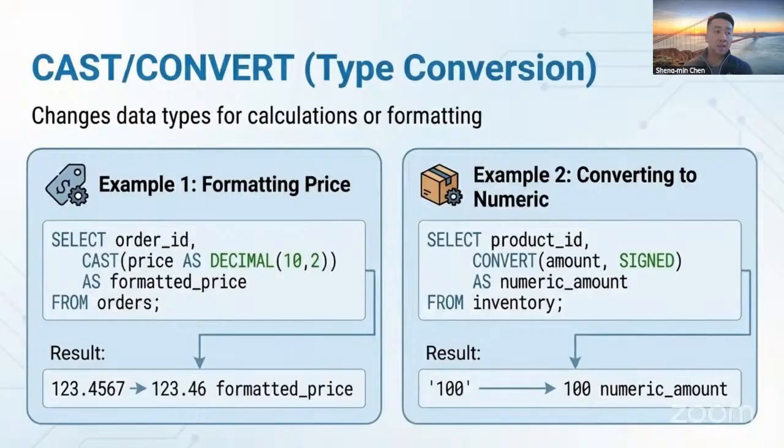Because you cannot add string with string. So you cannot add varchar with varchar and then try to get a number out of it. If you add varchar to varchar, you would need to use concatenate, and the end result will still be the combination of the strings instead of the actual sum in mathematics, right? So you need to convert that, okay?